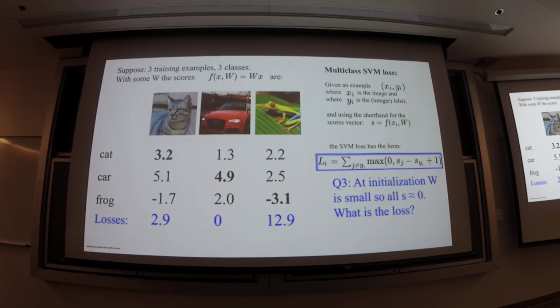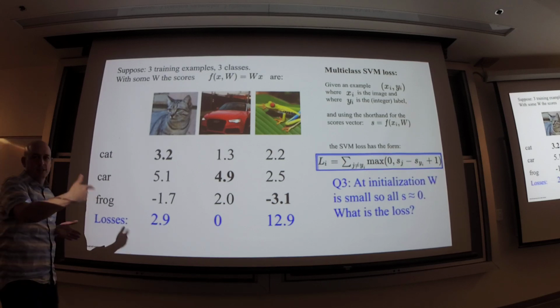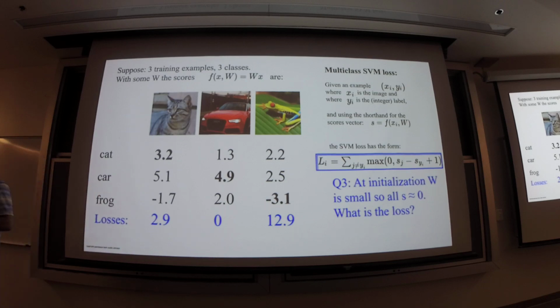N minus 1. So the loss for each data point is contributing an n minus 1 loss. So what's the loss over the data set, which is the average of all those? The average should be n minus 1. So the loss there over the data set is n minus 1. Good.